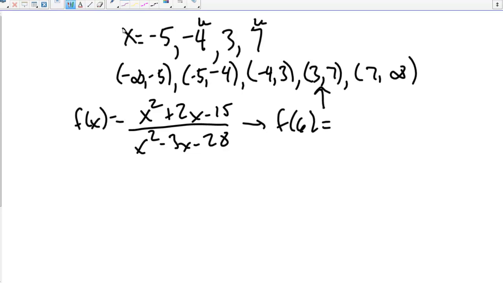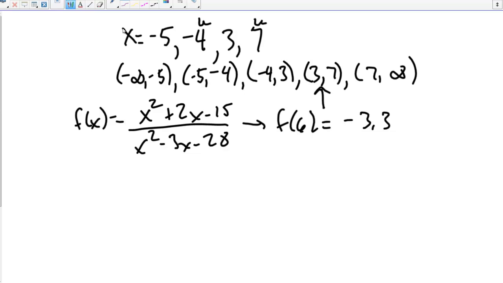And by the way, there are many ways to evaluate a function on your calculator. Enter it in like you were going to graph it, say into y1. And there are a couple ways there to generate the values of the function without having to do the arithmetic. You might want to check those out. In this case, when we plug f of 6 into our calculator, we get negative 3.3 for our y value.